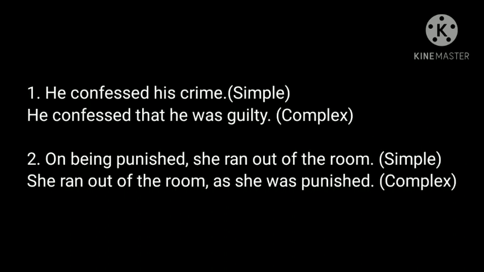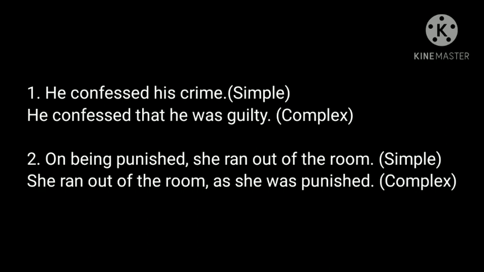So, let us understand this with an example. "He confessed his crime." You can see that this is a simple sentence having a subject, predicate, and a finite verb. So, to transform this sentence into a complex sentence, we have to expand the phrase "his crime" into a subordinate clause.